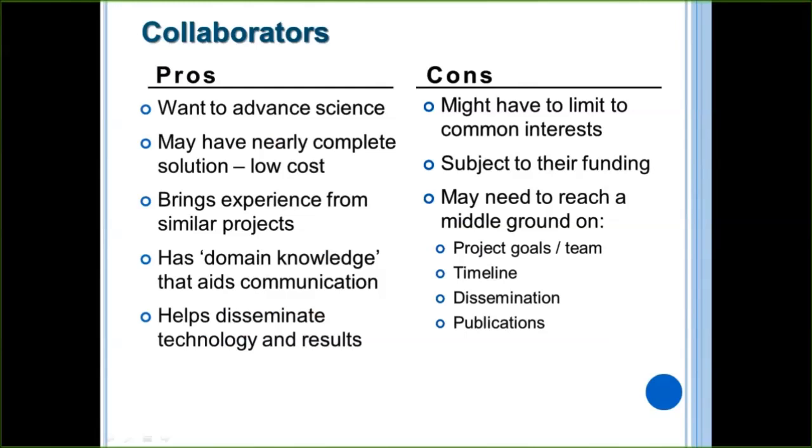A huge benefit is that they're in a different field and can point you to things in journals or talking at a conference that wouldn't otherwise be on your radar.